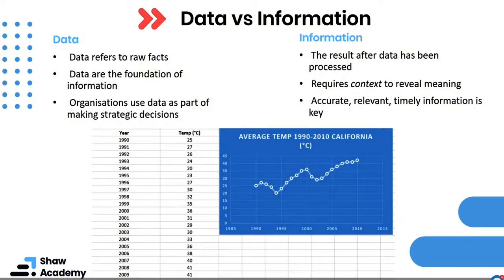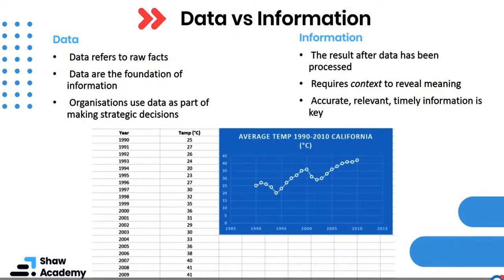And the reason for this is no organization is just going to make a decision without having some sort of data, without having some sort of understanding. And this is why data is so important to organizations, because organizations look at data, whether it's past or present data, to make strategic decisions that are healthy for the organization overall. Right? Also, information needs to be accurate, relevant, and timely.